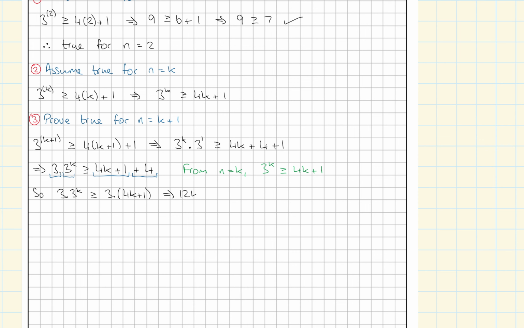So that gives you 12k plus 3 will be greater than or equal to, so you can swap that out for your left hand side, and you'll get 12k plus 3 greater than or equal to 4k plus 1 and 4. You can tidy up to 5.